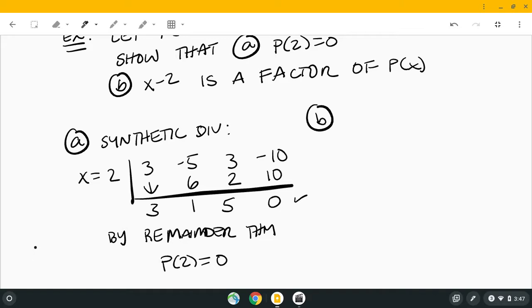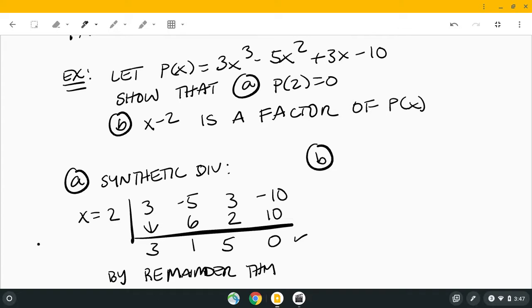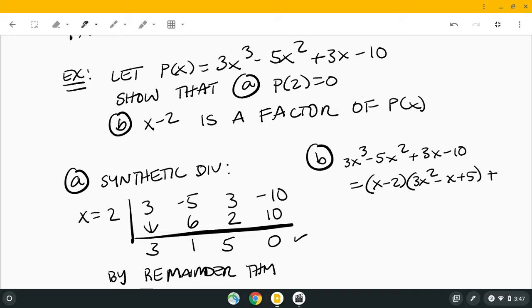So we're going to say that this polynomial, 3x cubed minus 5x squared plus 3x minus 10, will be equal to x minus 2, what we divided by, times the answer we got, which is degree 2: 3x squared minus x plus 5, plus our remainder, but our remainder was 0.